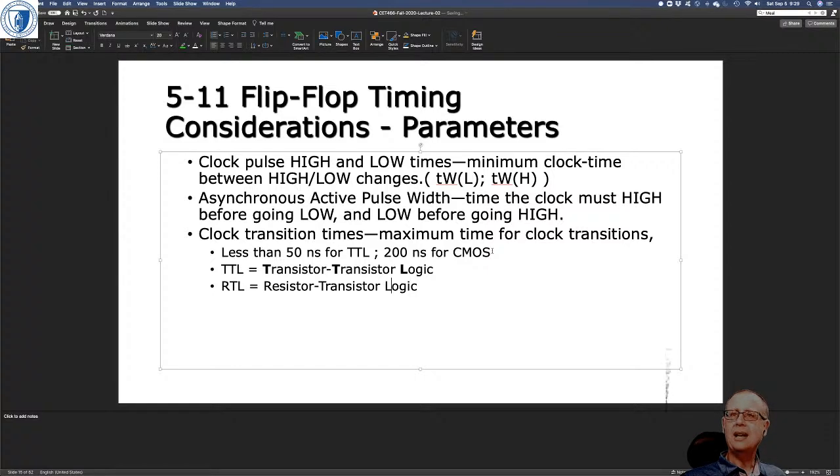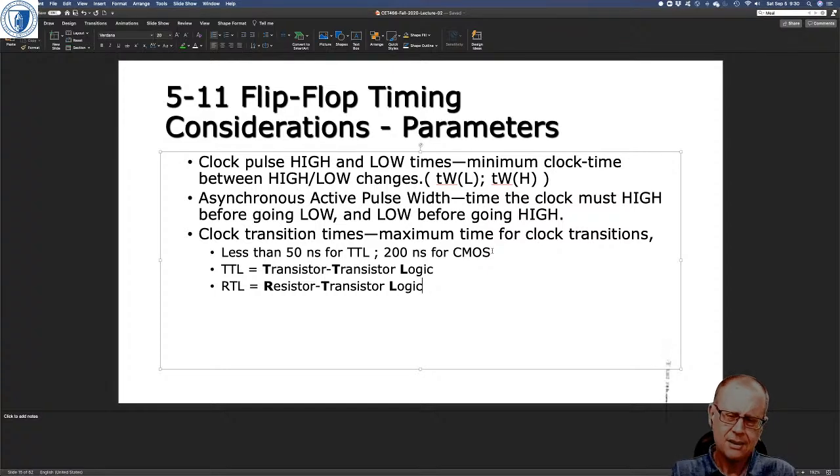And as you can imagine, just thinking about Ohm's law and the power dissipated, P equals VI, and Ohm's law, V equals IR. If you're using RTL logic, there was always current flowing through a resistor, and that meant they tended to be a bit more power hungry, and tended to heat up a bit more.